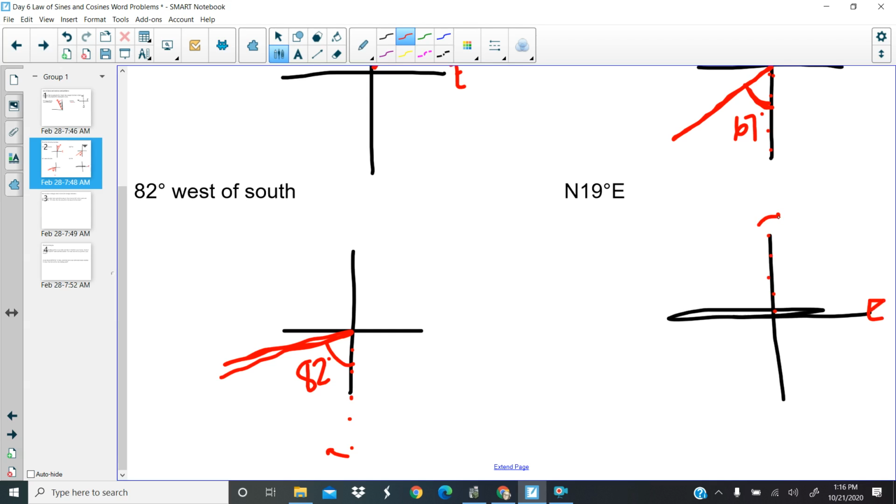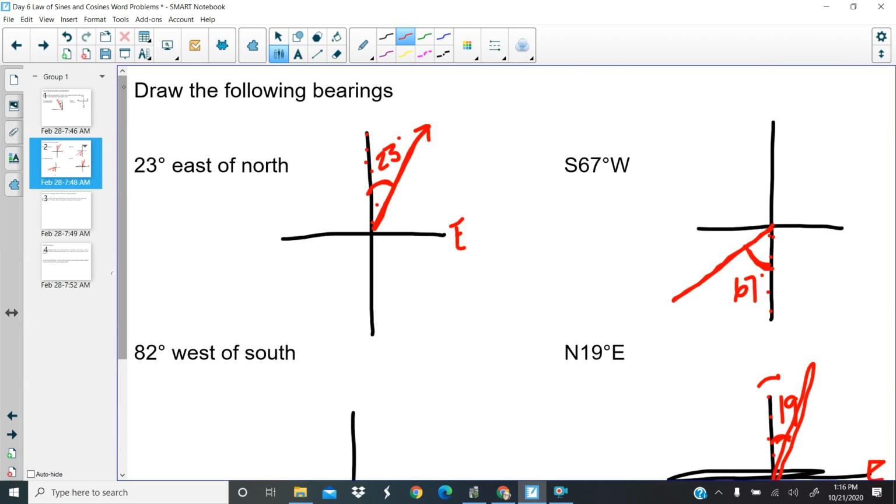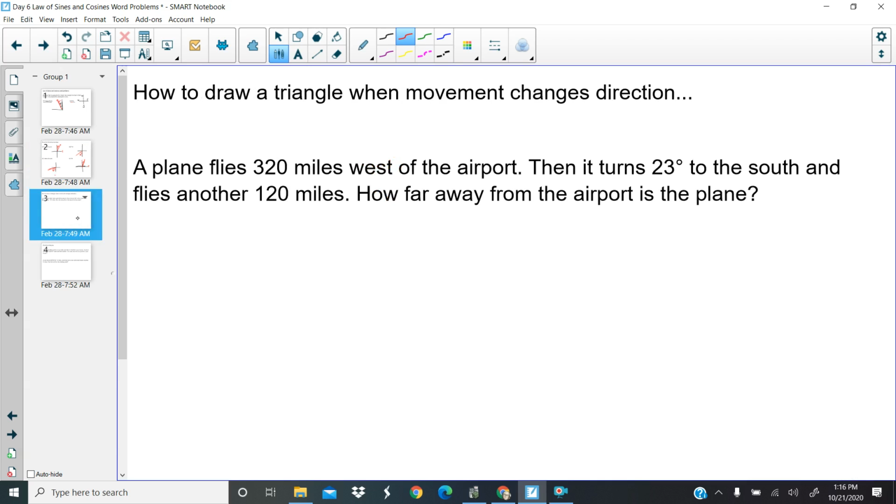So we're going to swing towards the east by 19 degrees. So this angle would be my 19. So that's how those are going to work out. And then you're going to have to actually draw out triangles based on some of these directions. So let's get into it.